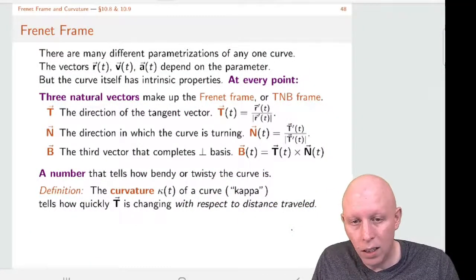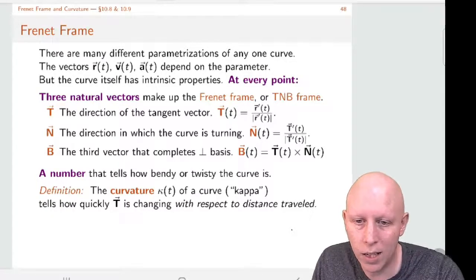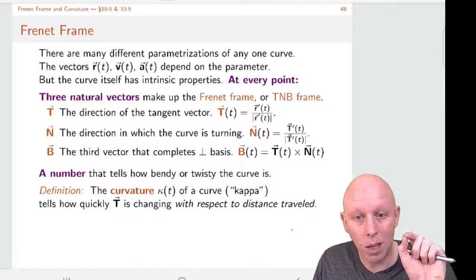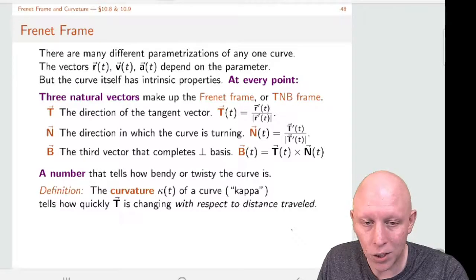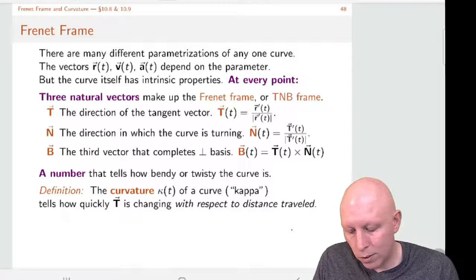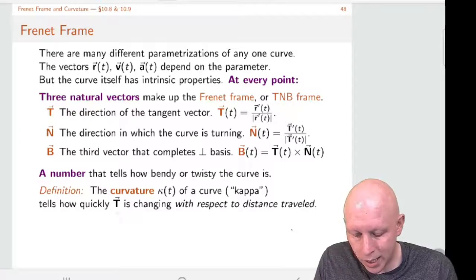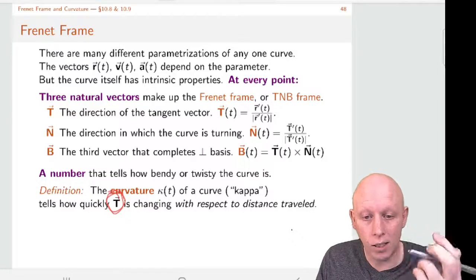And the last thing, one other idea that's always available at every point on a parametric curve, is the curvature of that point. What the curvature does is it's telling us how fast T, this tangent vector, is changing with respect to the distance traveled.